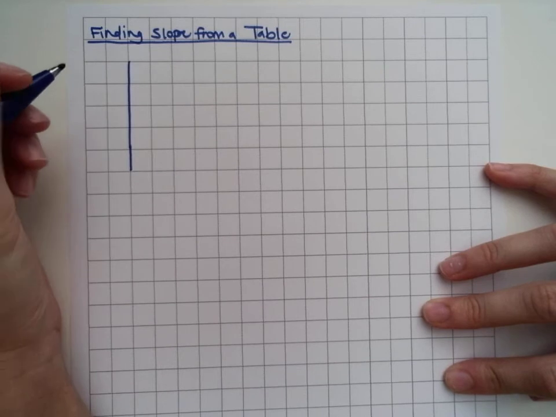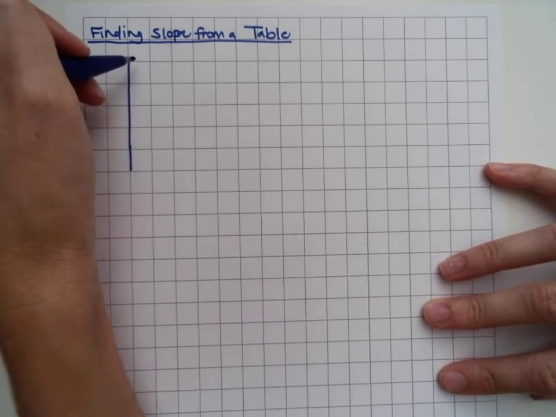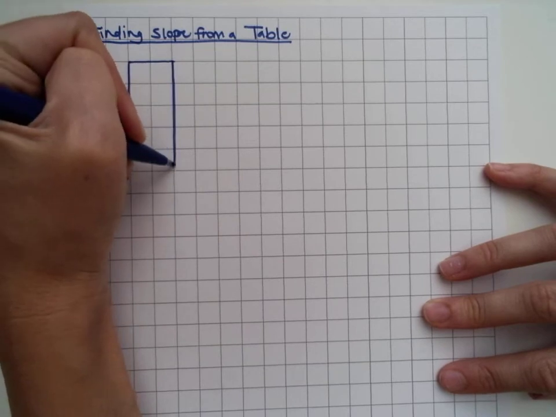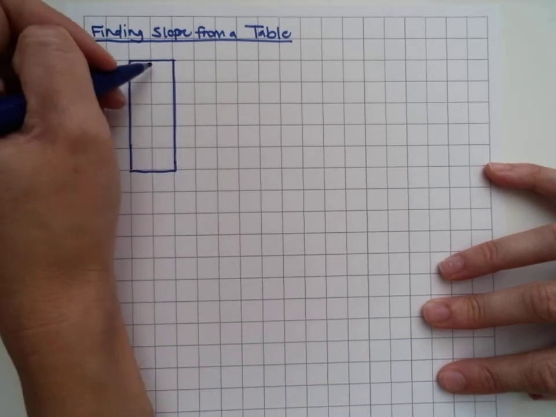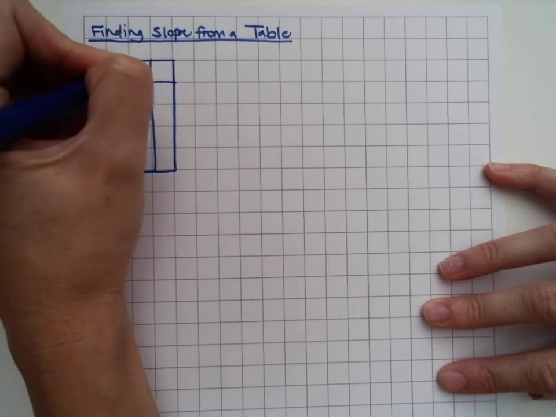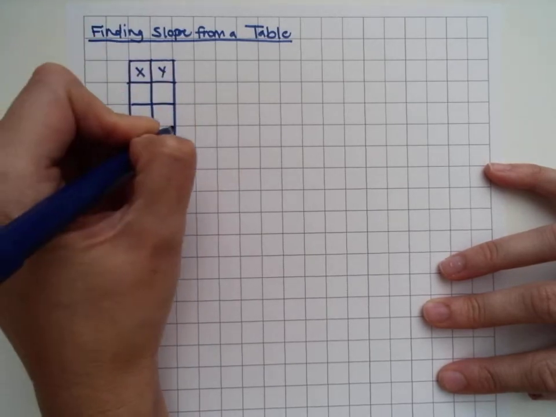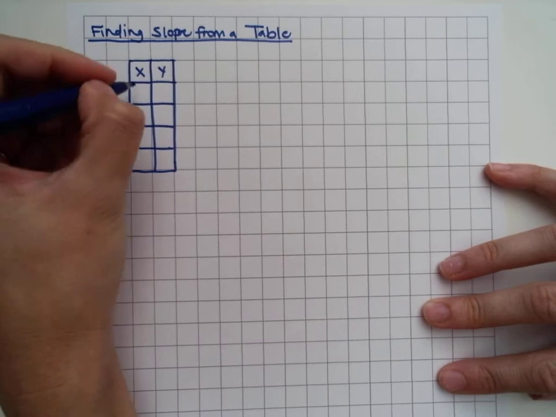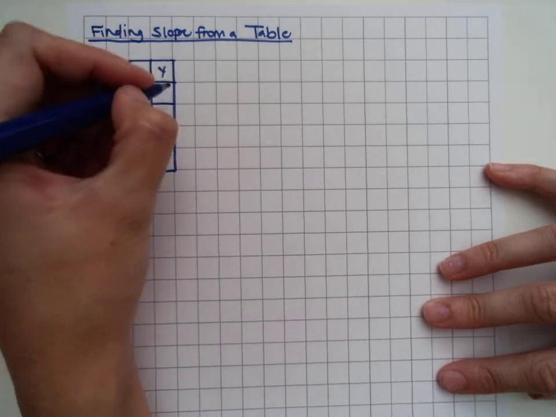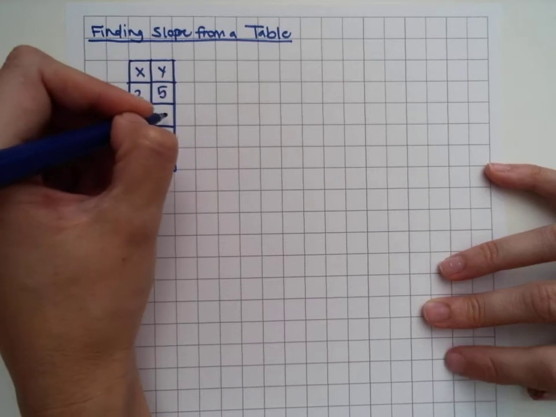So we have 5 boxes by 2 boxes. So we have X and Y. Here are X values, and here are our Y values.